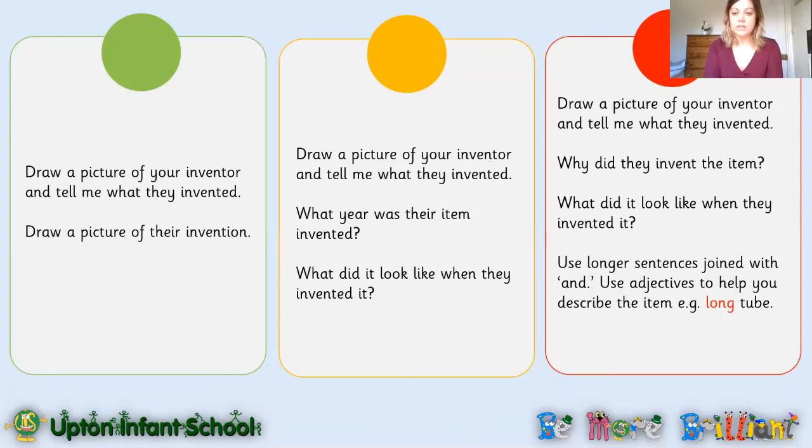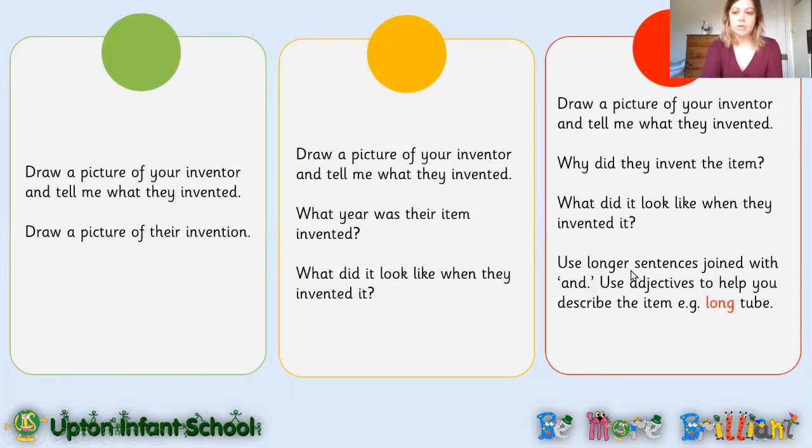And you could say about how Thomas Edison invented the light bulb because he wanted a quicker way for there to be light in a room. So what did it look like when they invented it? So what did it look like first? So you can describe that.